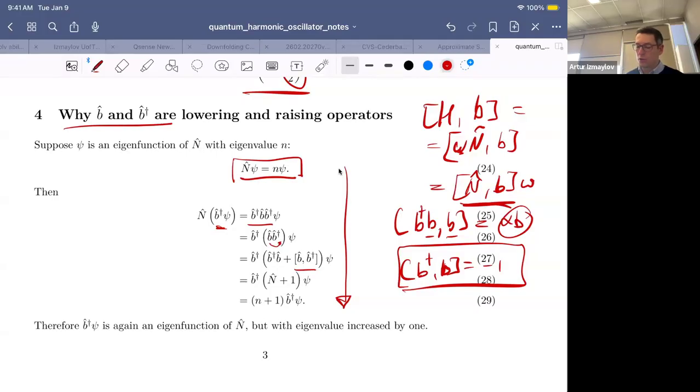Because we want to obtain the n again, and that adds the commutator, and the commutator is 1 here. So long story short, this shows that n B dagger psi is n plus 1 B dagger psi. Or another way to say this is that B dagger is increasing the eigenvalue from n to n plus 1.